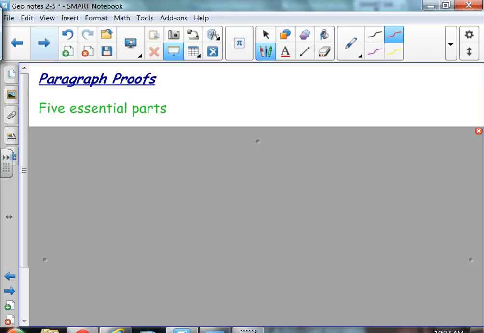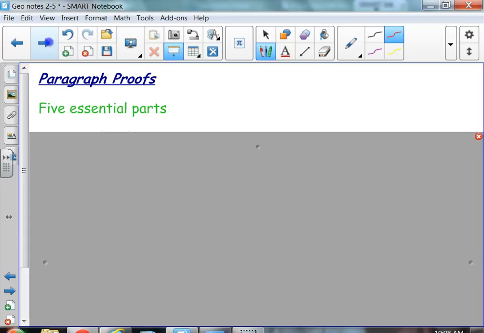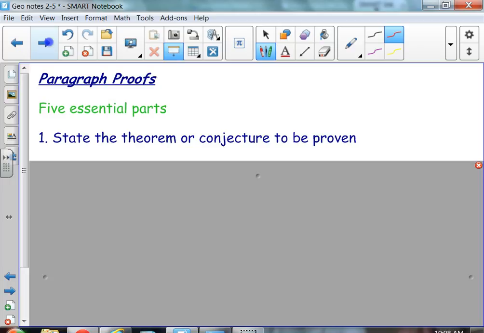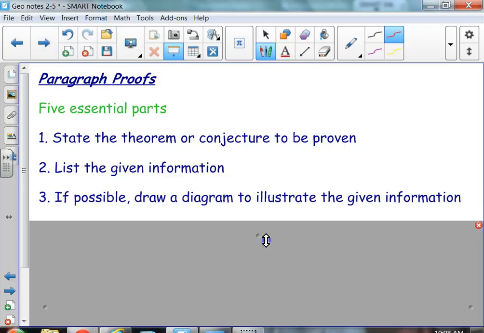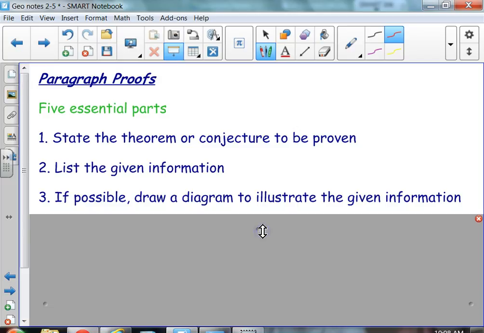You have 5 things for paragraph proofs. This is where you have to start thinking a little bit more than usual. Your 5 essential parts: the first is the theorem or the conjecture to be proven. So, what are you going to prove? You're going to list the given information. Then you're going to draw it out if possible.